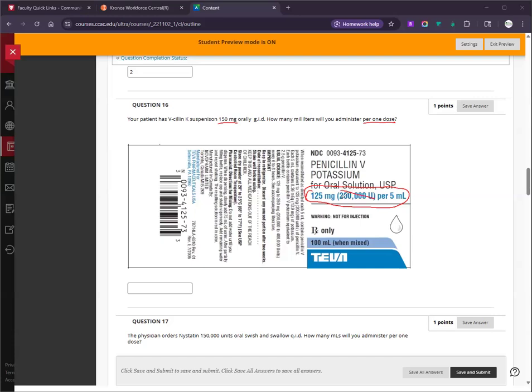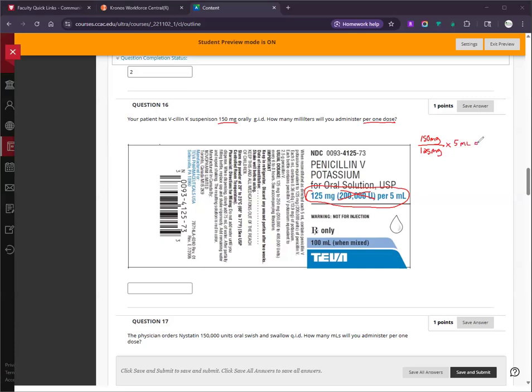But you're used to taking whatever's in a parentheses and multiplying it. And so if you got that question wrong, that's most likely what you did, or you tried to incorporate that 200,000. So when you're solving this, you just take the 150 milligrams, your order, over your available, which is the 125 milligrams, times your quantity, which is 5 ml.